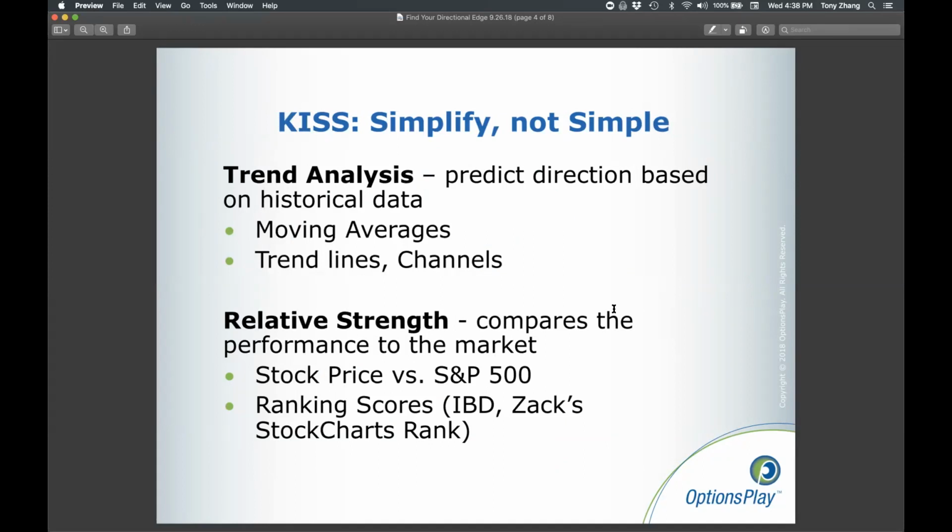Now, trend analysis is quite simple. It's trying to predict the direction based on historical data. So for any of you that have used technical analysis or have learned some charting, you might be familiar with popular ways of trend analysis, such as moving averages, trend lines, even channels. These are the types of things that you can draw on your chart that give you an idea as far as whether a stock is trending higher, trending lower, or perhaps trending sideways.